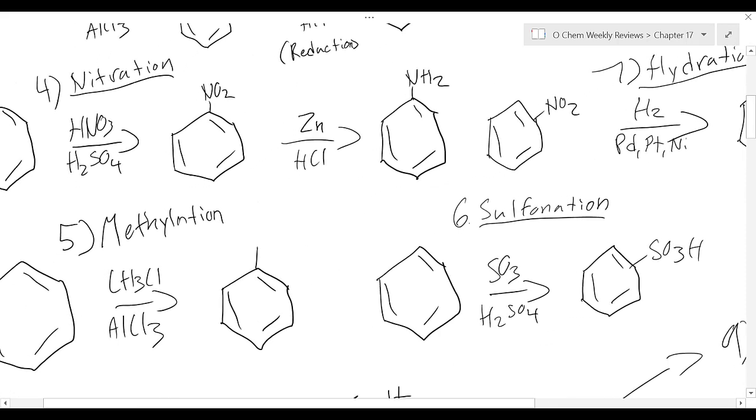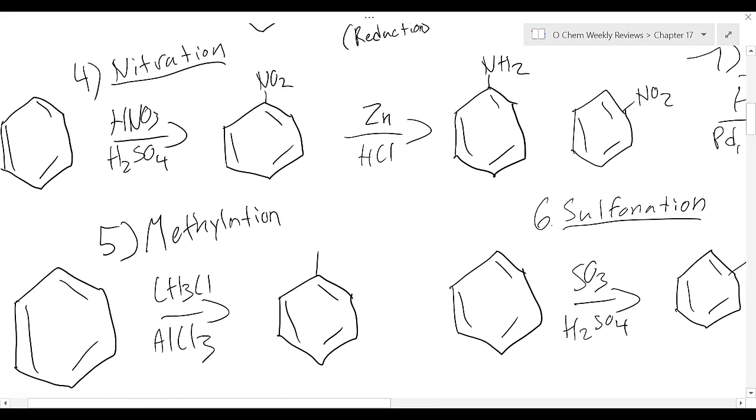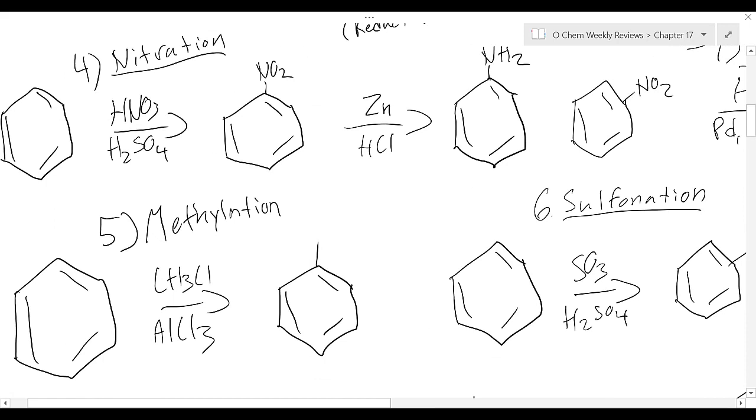Reaction number 5. We're just adding a methyl group to our benzene ring. There's no rearrangement because when this chlorine group leaves, our positive charge is on a methyl. There's no opportunity for it to rearrange to a more favorable carbocation.